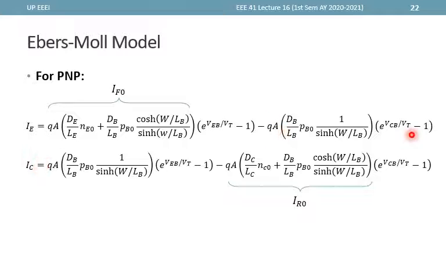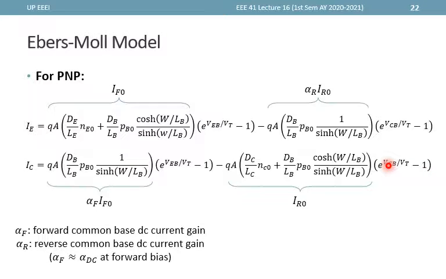Now, since we have another term, this can be included in the model using some KCL equation. And note also that this factor here, for the Ebers-Moll model, we denote this whole term as alpha R IR naught.